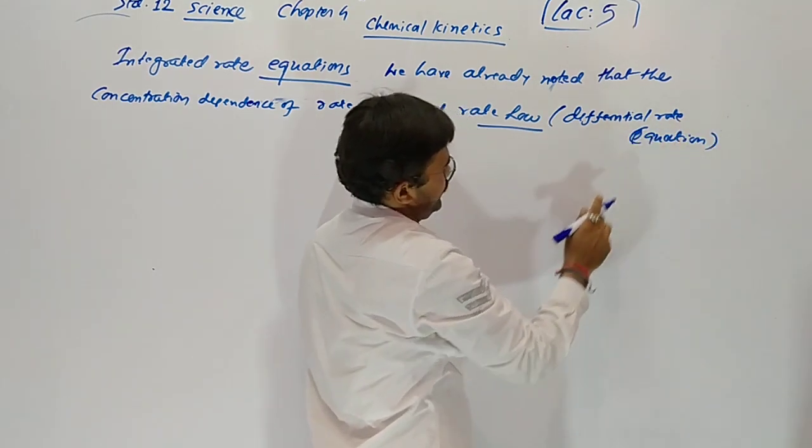We noted the rate of reaction depends upon concentration.